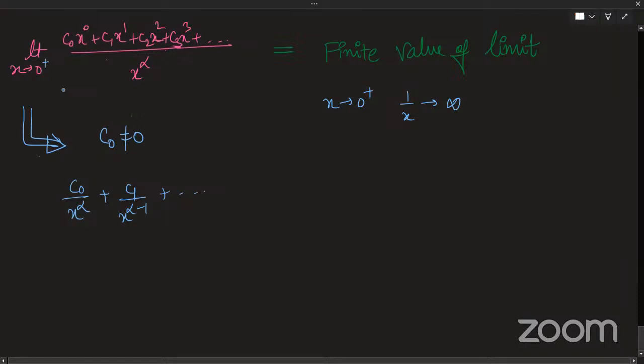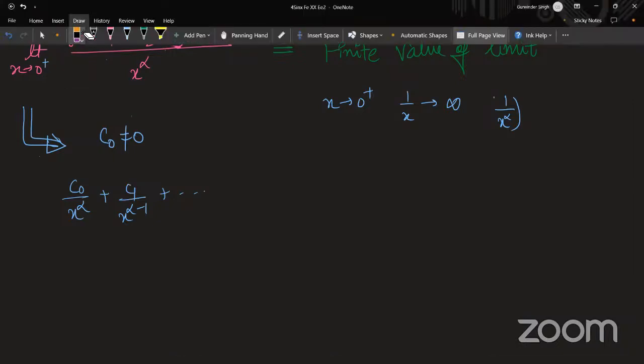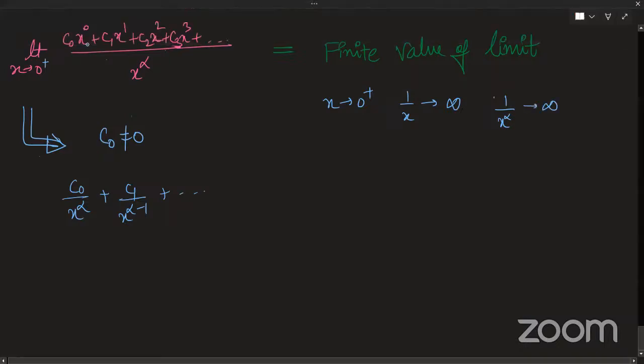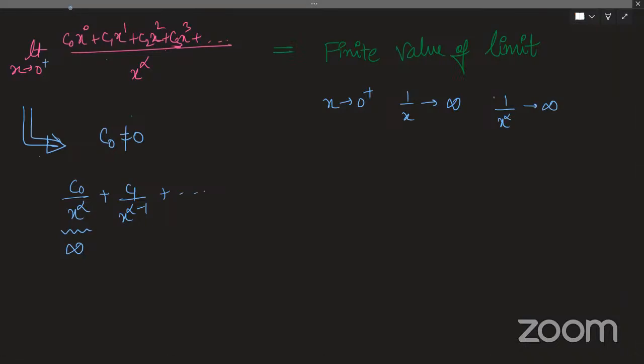Infinity. Great. So where will 1 by x raised to alpha go to? Infinity. And my C naught is not 0. So where will this thing go to? Infinity, it will go to infinity.